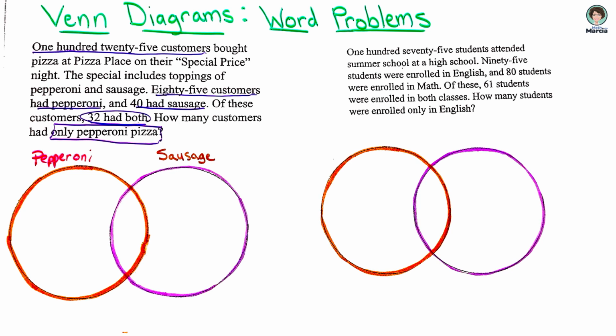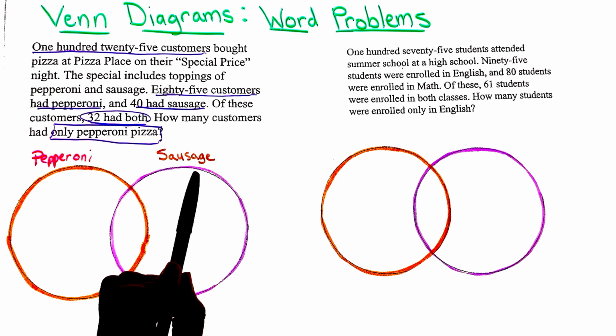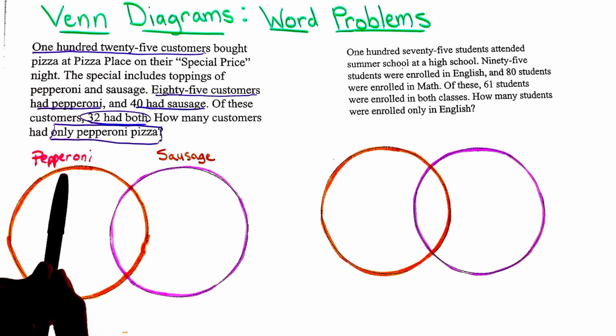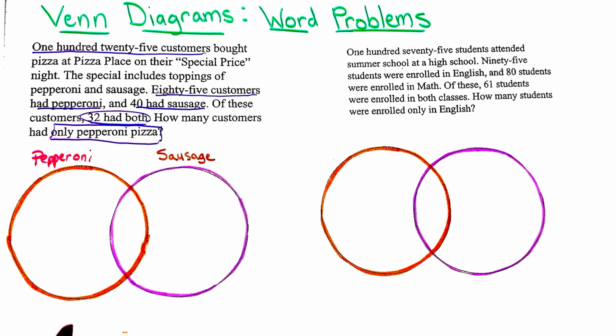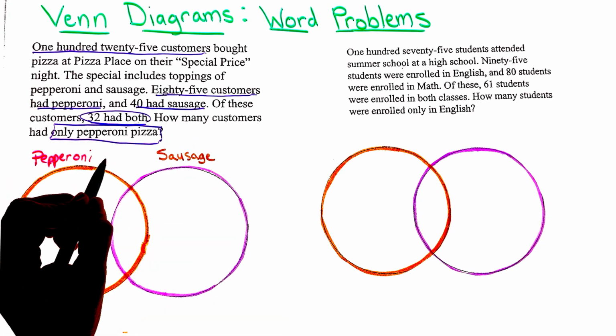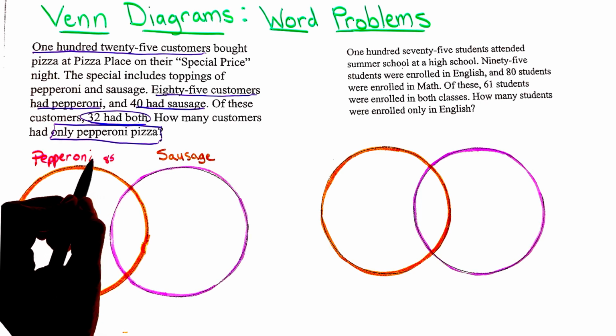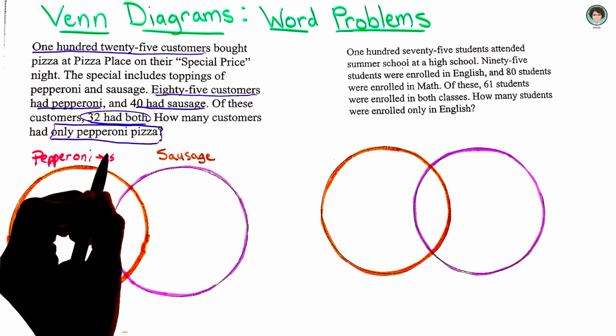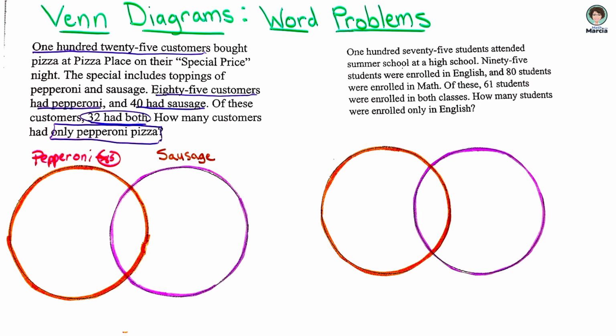All right, well, let's go ahead and let's mark our little circles. Notice this one represents our pepperoni and this represents our sausage. So when I am talking about pepperoni, they told me that 85 customers had pepperoni. So I'm just going to put an 85 up here next to my pepperoni so I know that there were 85 of them.